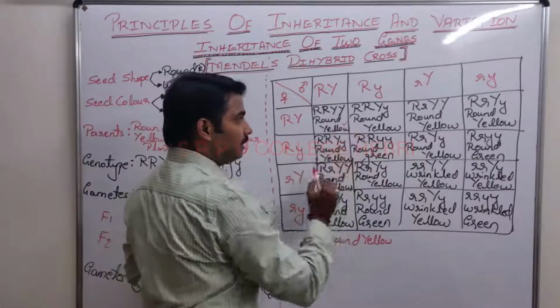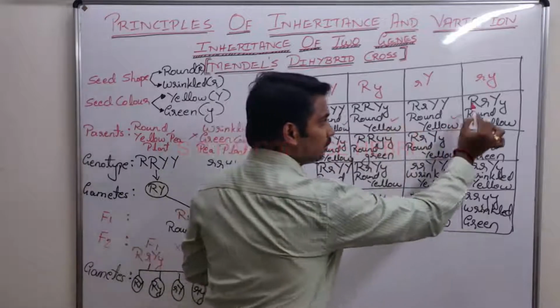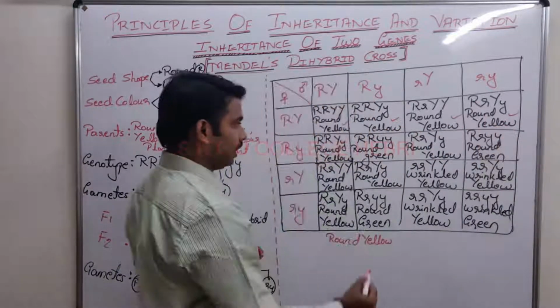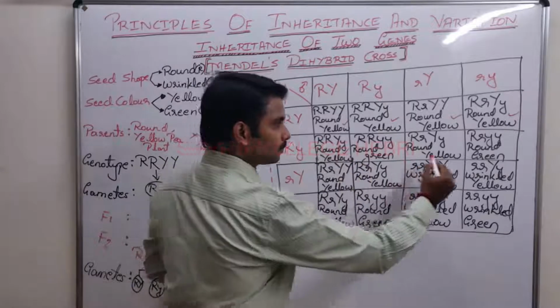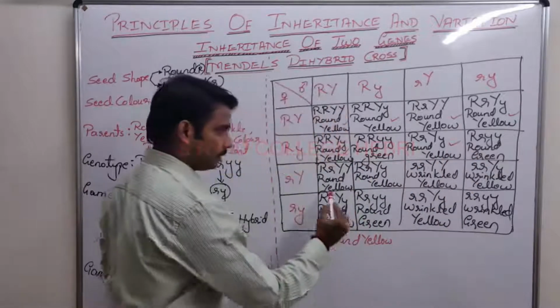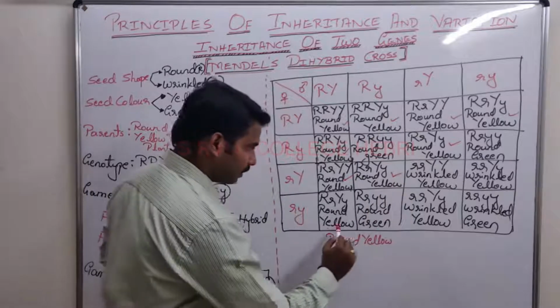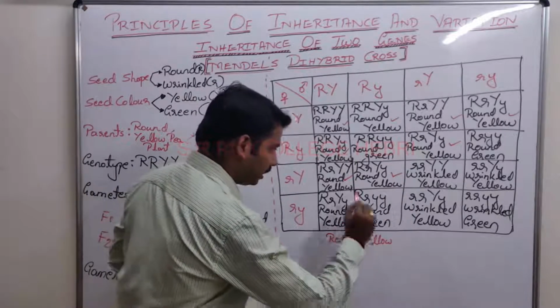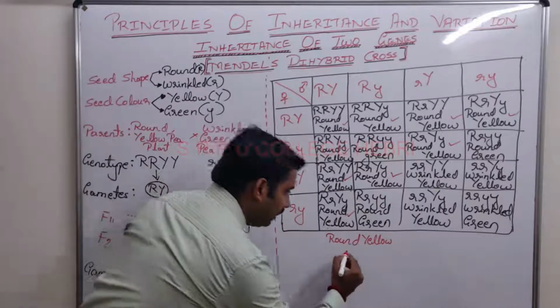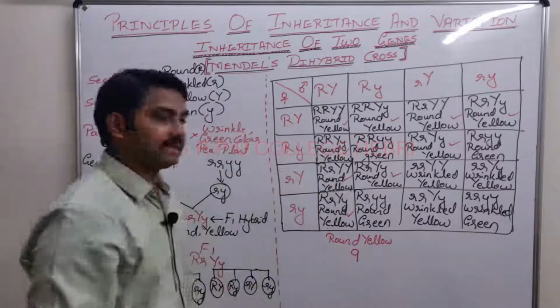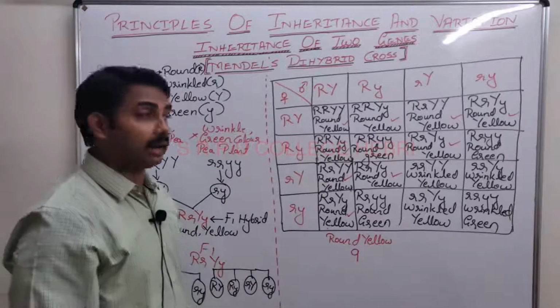Here, 1, 2, 3, 4, 5, 6, then 7, 8, one more is here, 9. Totally, out of 16, 9 are round yellow.